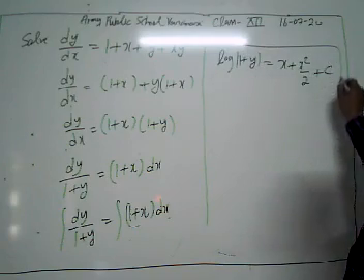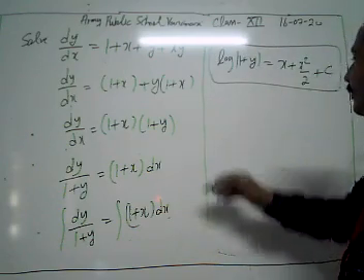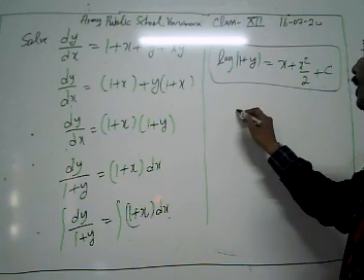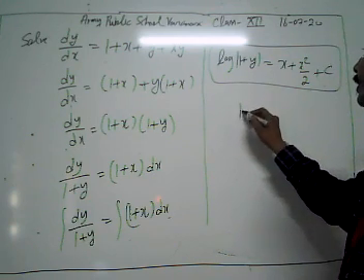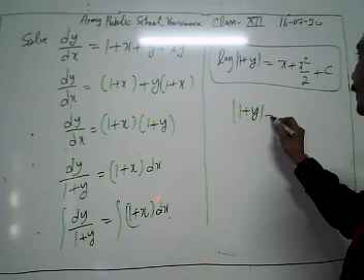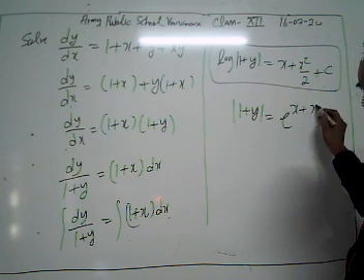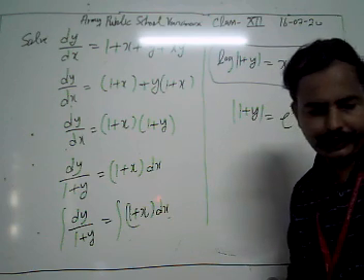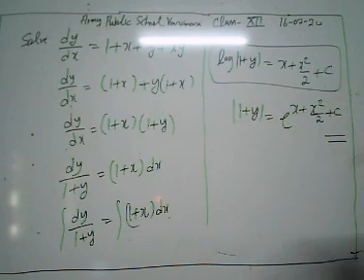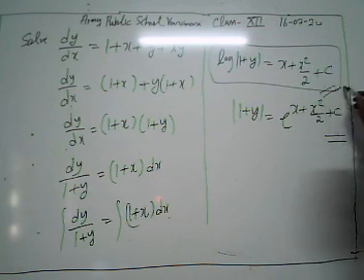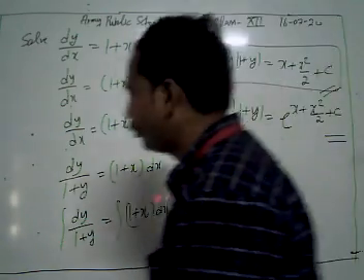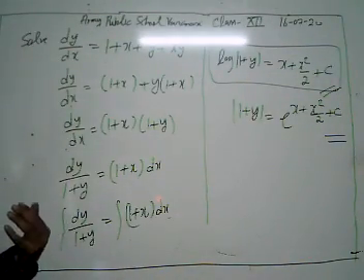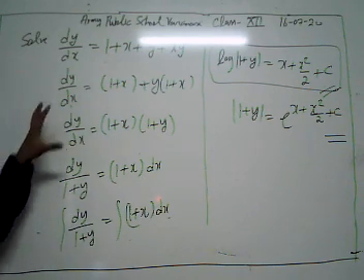If we want to remove the log, then our solution is mod of 1 plus y equal to e to the power x plus x square by 2 plus c. Or we can write our solution as log of 1 plus y is equal to x plus x square by 2 plus c.